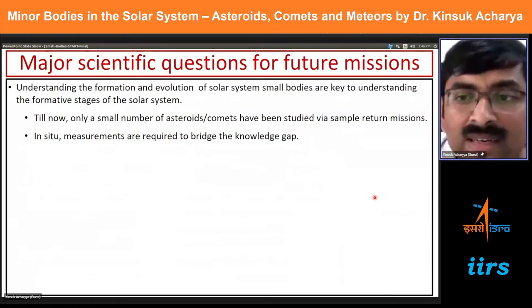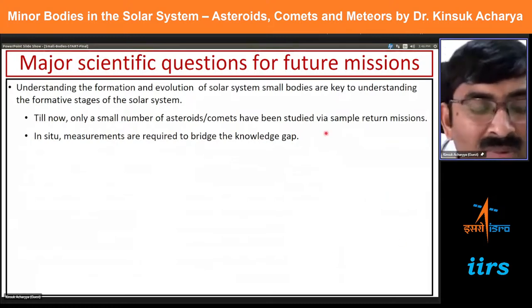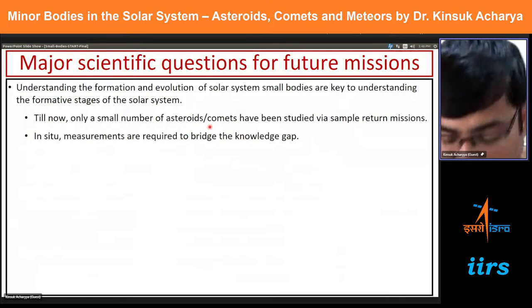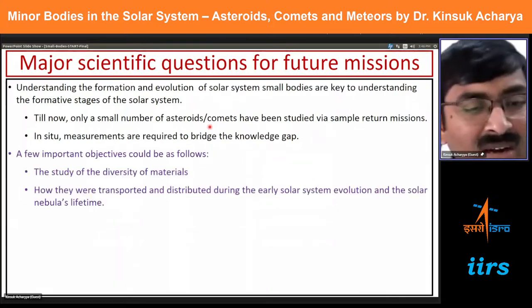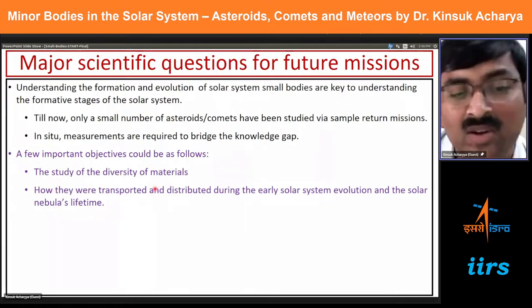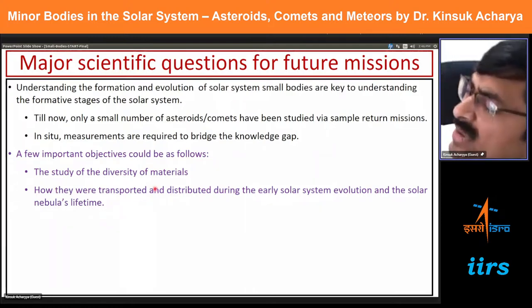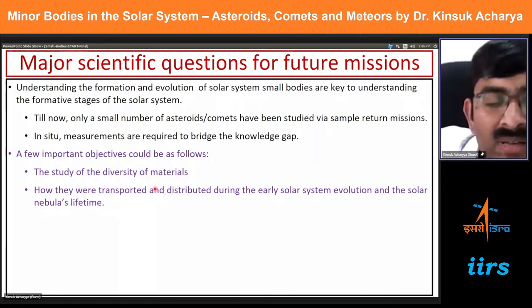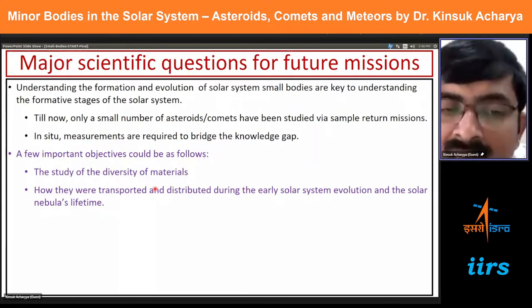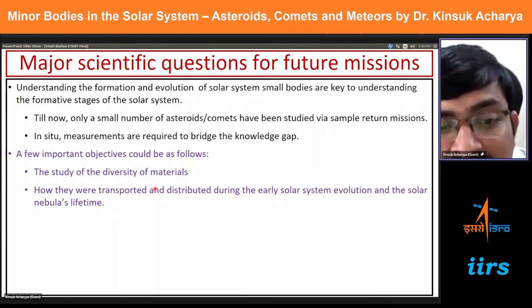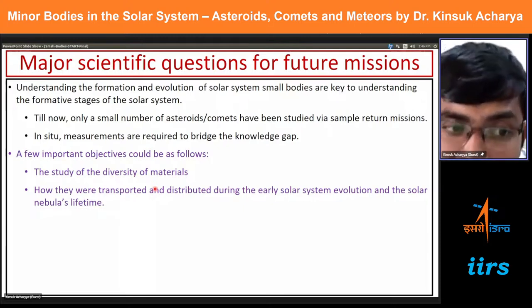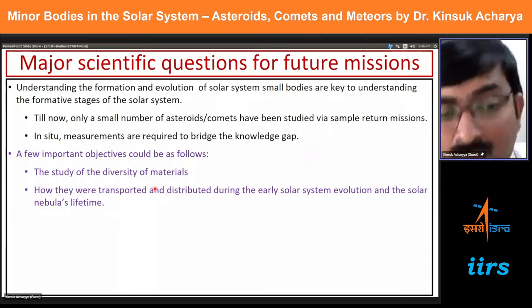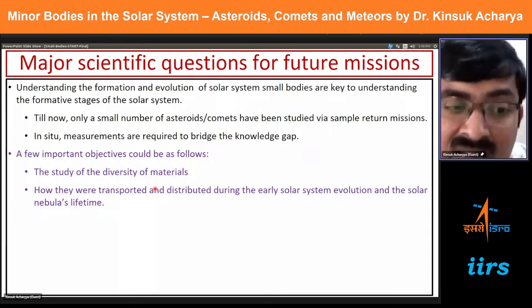So we need more sample return missions, and in-situ measurements are required. One important aspect is the study of the diversity of materials. Now we have only a small set of samples, and even there we are seeing that the mixing is heterogeneous. So what we need is a large number of these samples to understand how diverse these materials are.